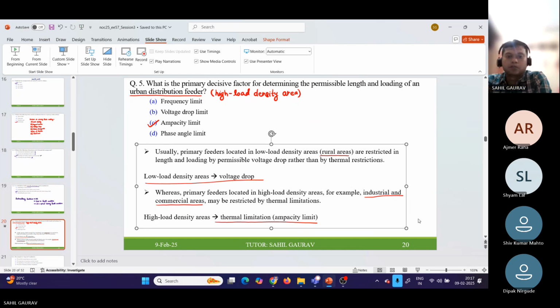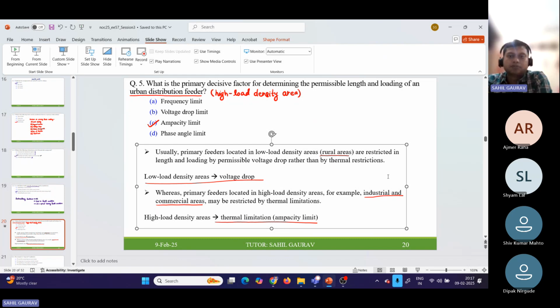Ampacity is the power carrying capacity or thermal limitation. So there we consider voltage drop in low load density area, while in high load density area we consider the ampacity limit.